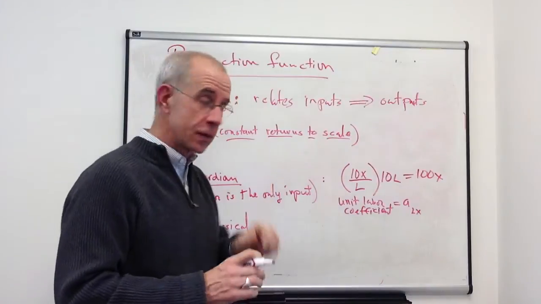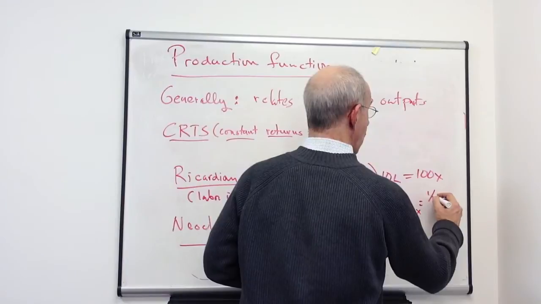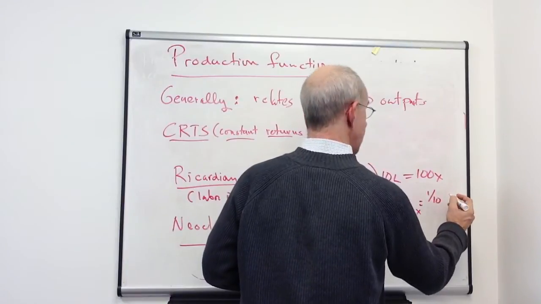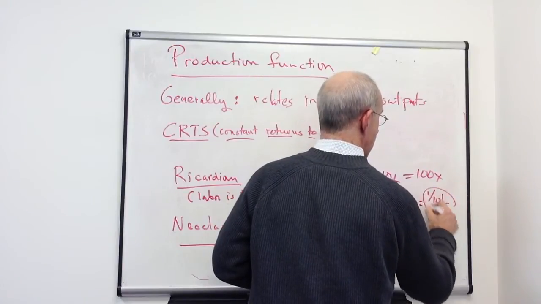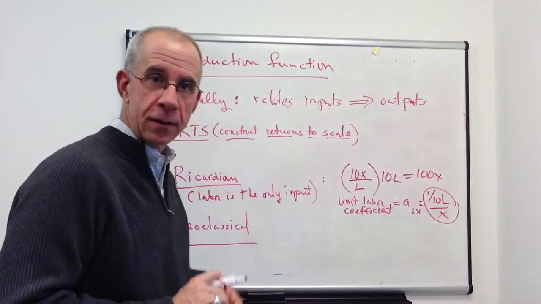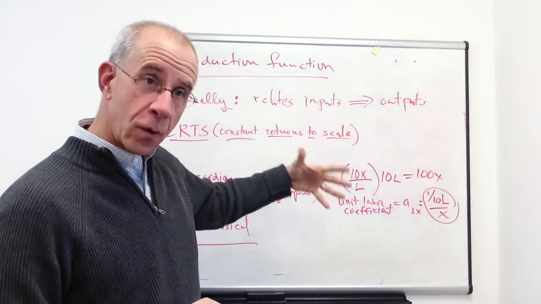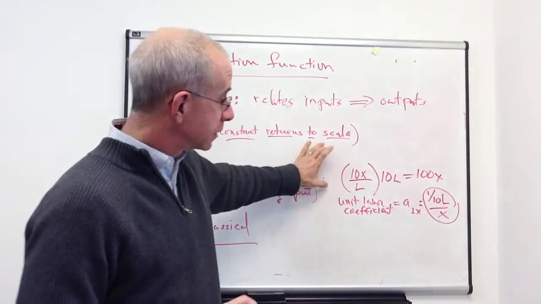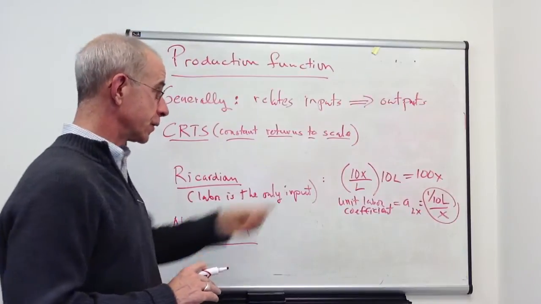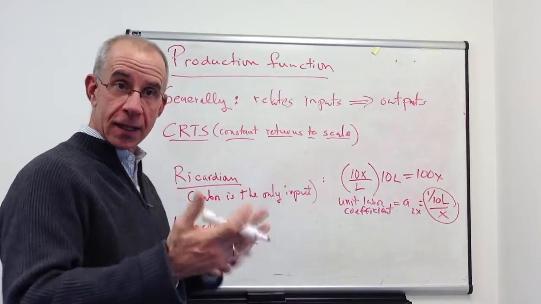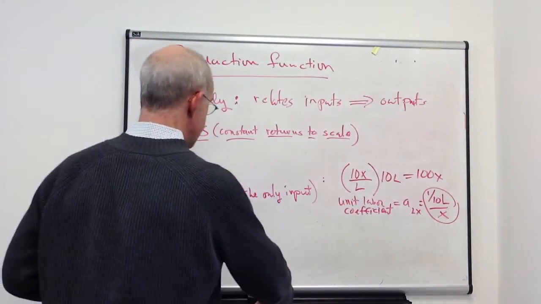In this particular example, that is going to be 1/10 of a unit of labor for every unit of X. So it's the number of workers per unit. That's clearly related to the production function in the Ricardian context. And again, this will make more sense when we talk about the Ricardian model more explicitly.